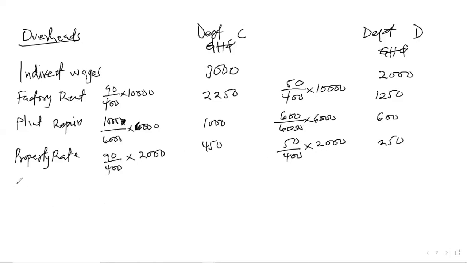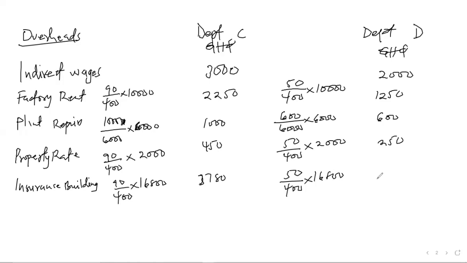Then department C, which is 90 over 400 times 16,800, which will give us 3,780. And the last one, 50 over 400 times 16,800, which will give us 2,100.